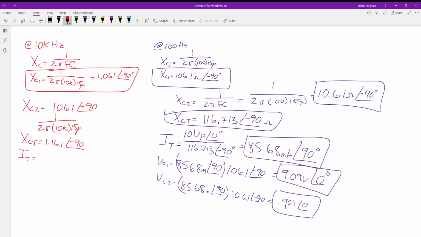I total is? And how did we find that? Reactance.